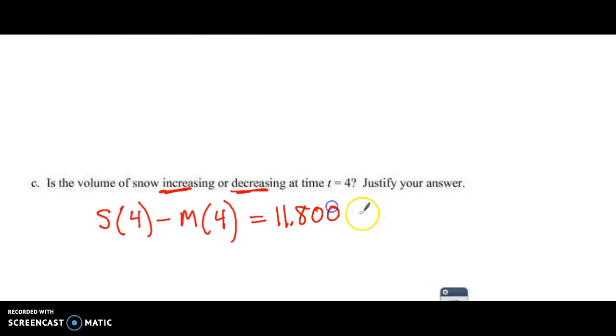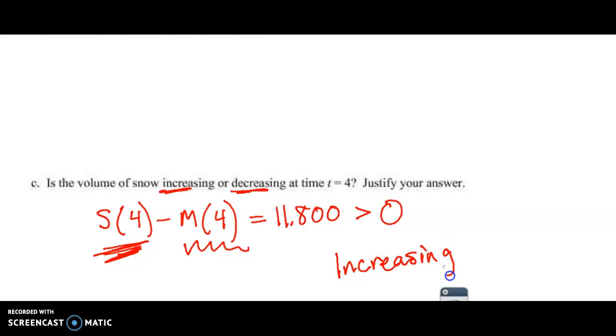So at that exact moment, we have a positive answer. Well, if we have a positive answer, that means that the rate that's being added must be larger than the rate that's taken away. So it's increasing at that moment, which makes perfect sense to me. And I think, to me, writing down this statement is a justification.